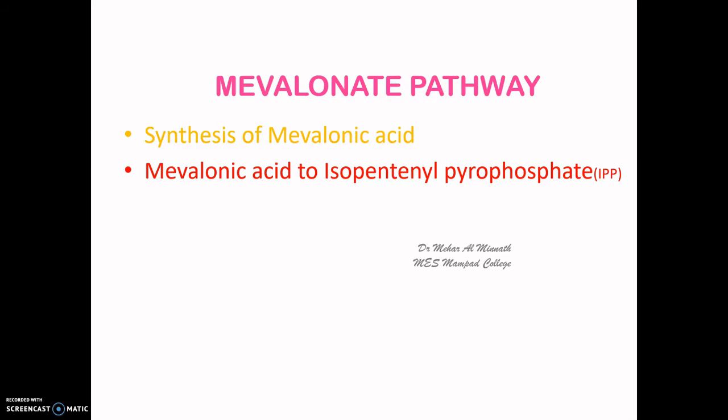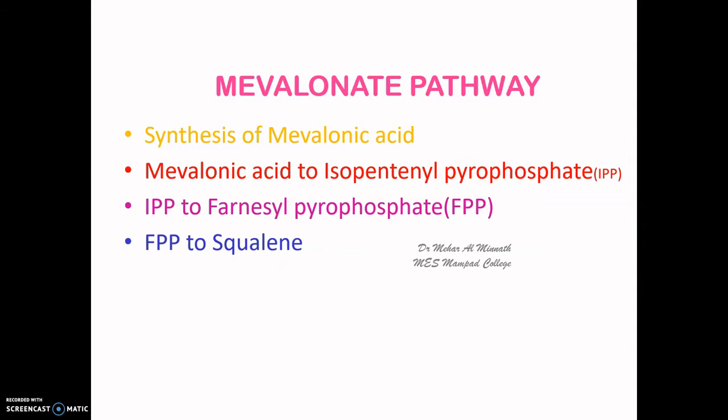In the third step, the isopentenyl pyrophosphate is converted to Farnesyl Pyrophosphate. Farnesyl Pyrophosphate is a 15-carbon compound. It is then converted to squalene, a 30-carbon compound. And from squalene, cholesterol is synthesized. And it is from this cholesterol that various other steroids are formed.